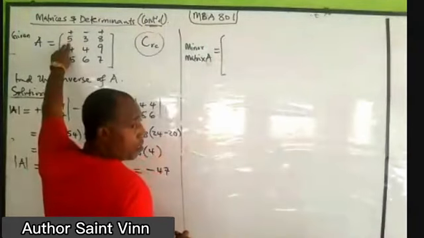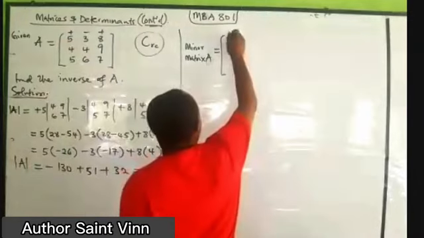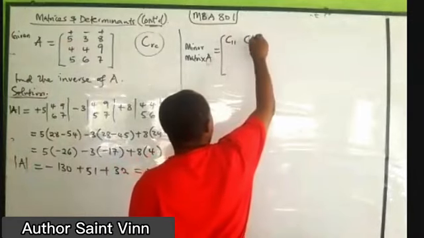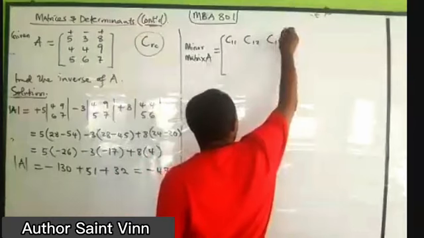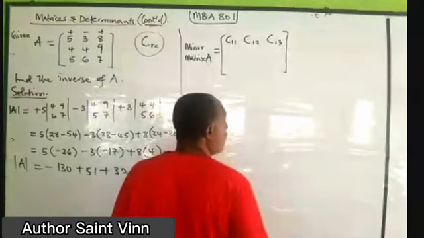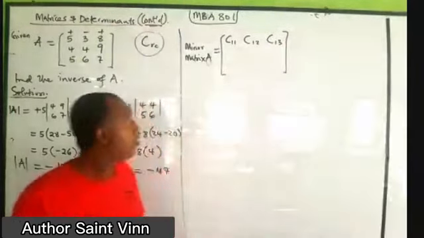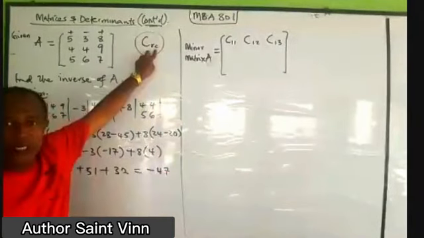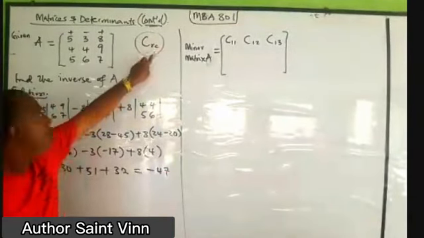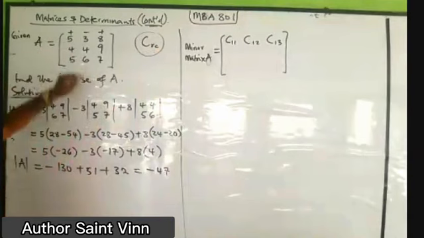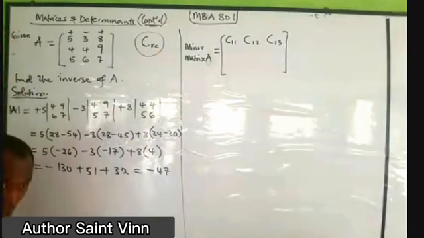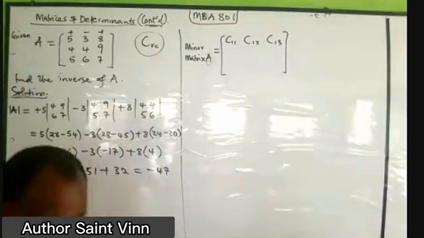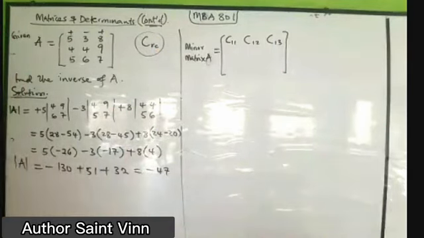This element represents C11, C12, C13. Agreed? This element represents the element that occupies the first row and first column. We are representing that part with C11. Are you following?